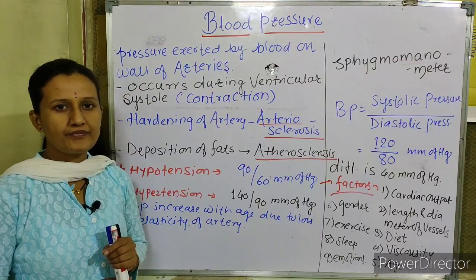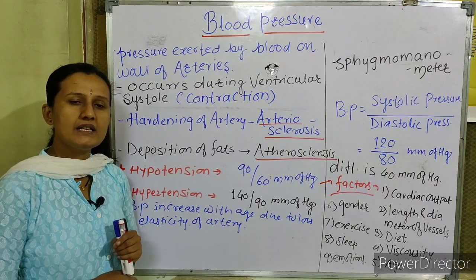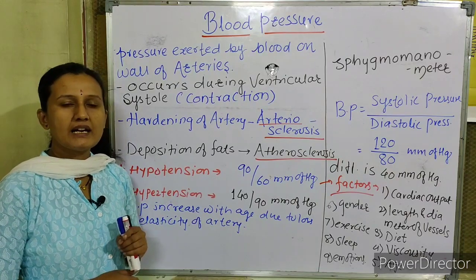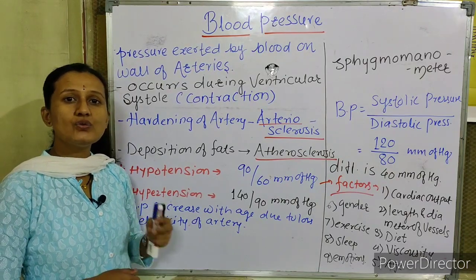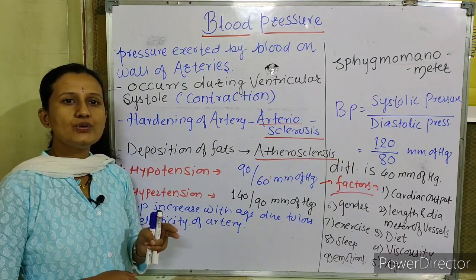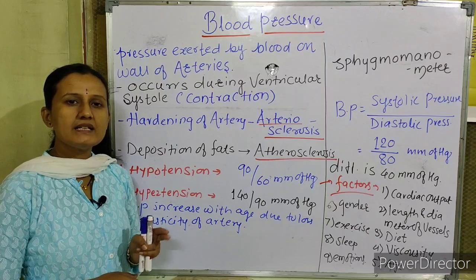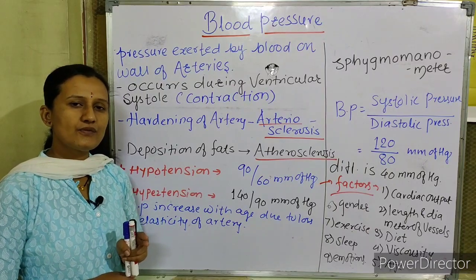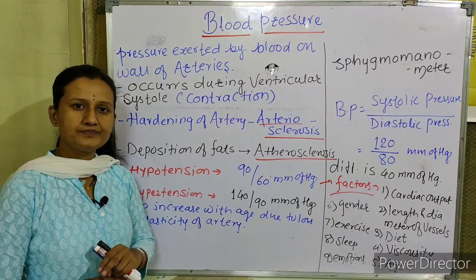And in a single minute, the arteries have 72 waves of contraction. That is the pulse rate, 72 pulses per minute, which is nothing but the heart rate. Therefore, pulse rate is equal to heart rate.